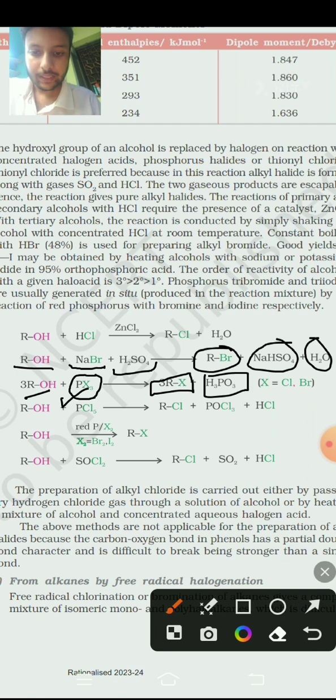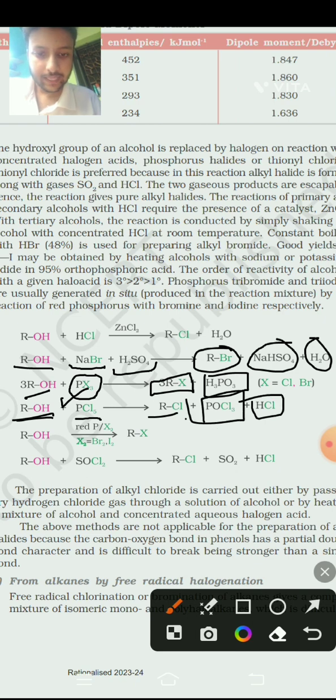Clear? Okay. Also, if you provide PCl5 with an alcohol, it will also give you a haloalkane along with HCl and POCl3 as byproducts.